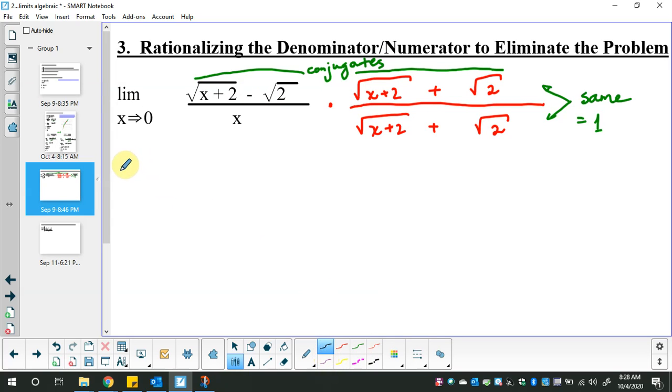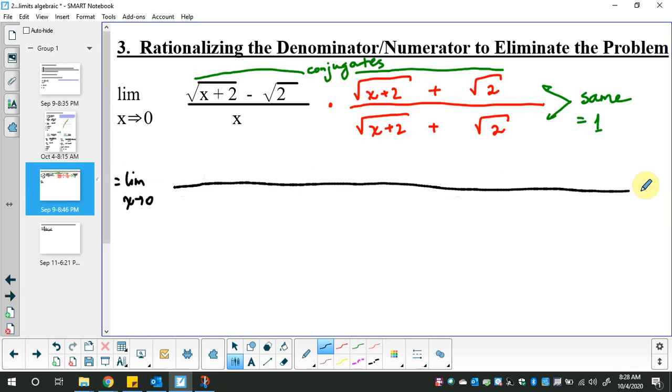So I'm going to go through all of that here, and I hope I can squash it in, but it's probably going to take me a very long line. Now the deal is you want to FOIL only where the conjugates are. So you are allowed to be half lazy.